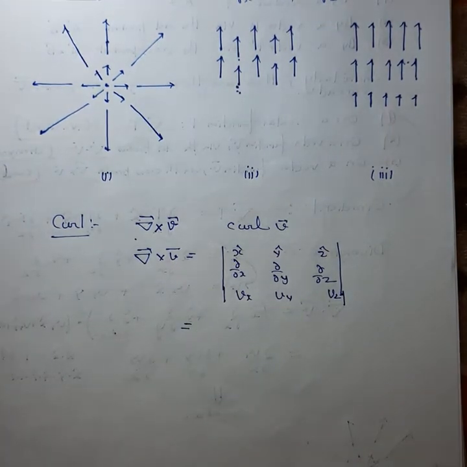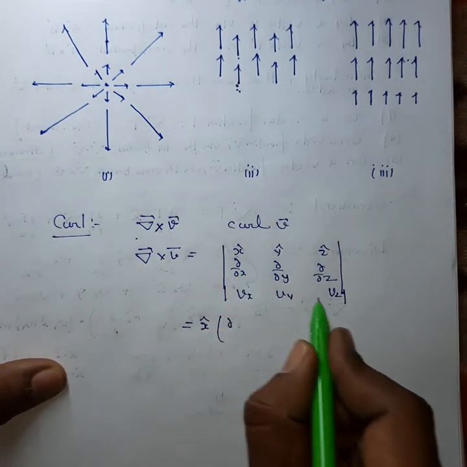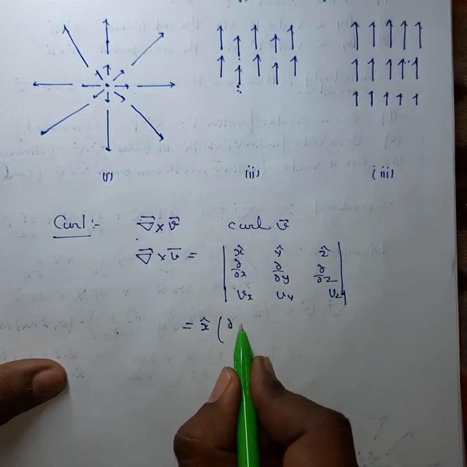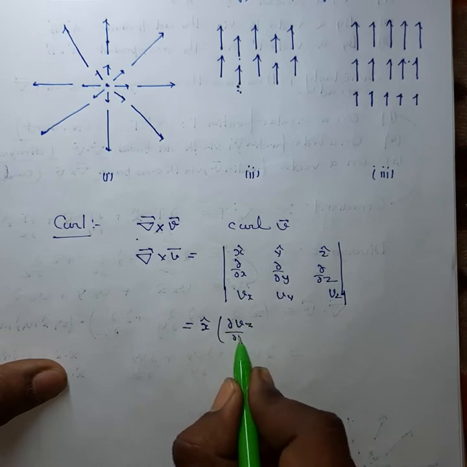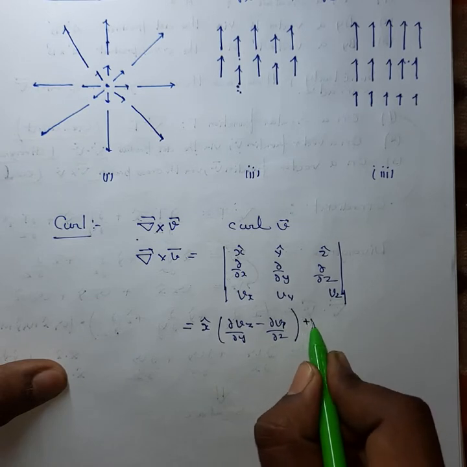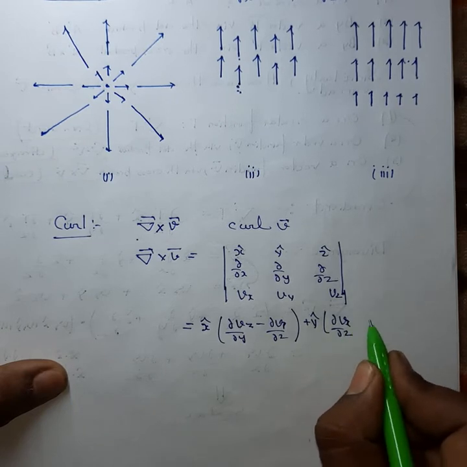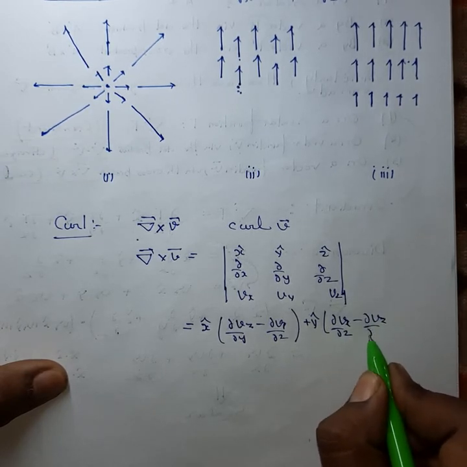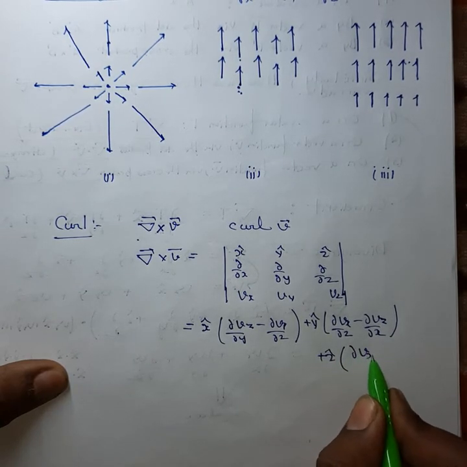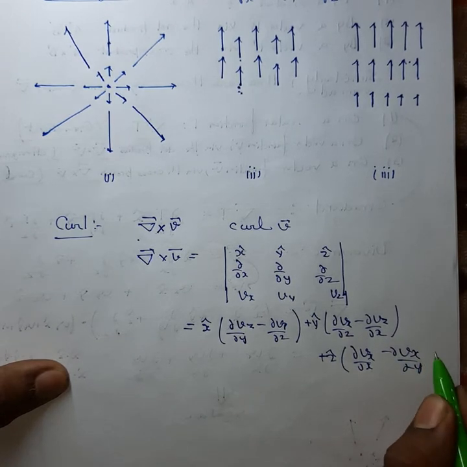You can also write it in terms of the cross product as x cap times (del vz by del y minus del vy by del z), plus y cap times (del vx by del z minus del vz by del x), plus z cap times (del vy by del x minus del vx by del y).